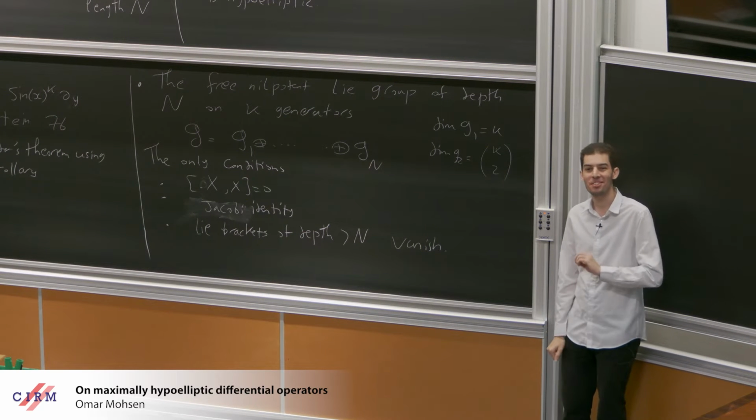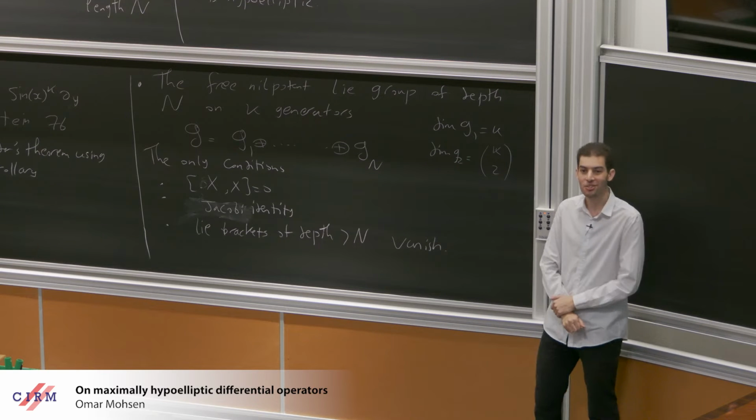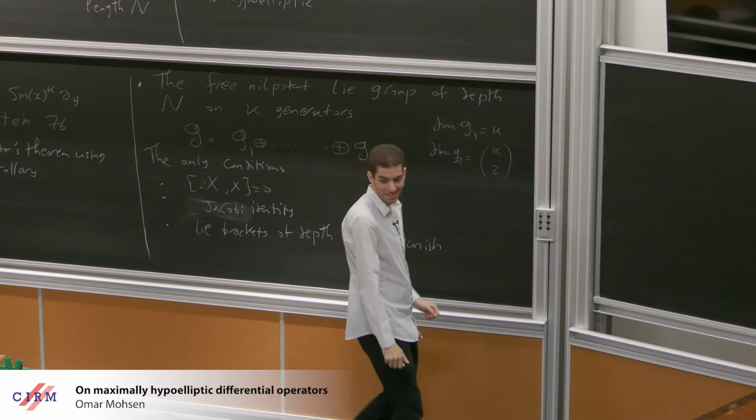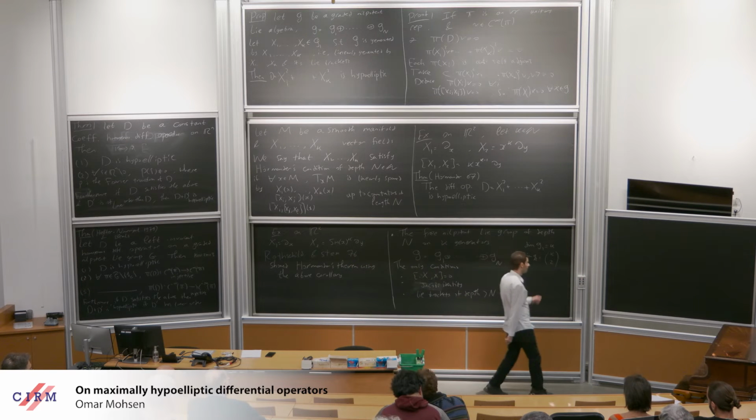I can tell you that there is a formula for the dimension of the whole Lie algebra. This is known. And okay, exercise, find it. Yes, this is correct.